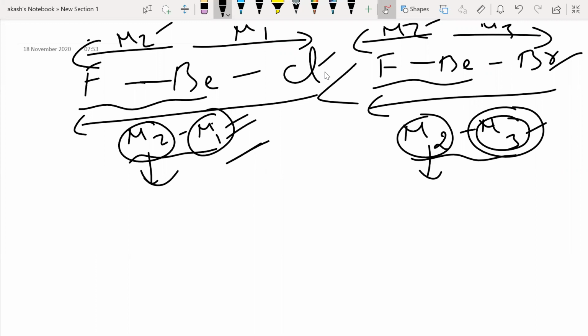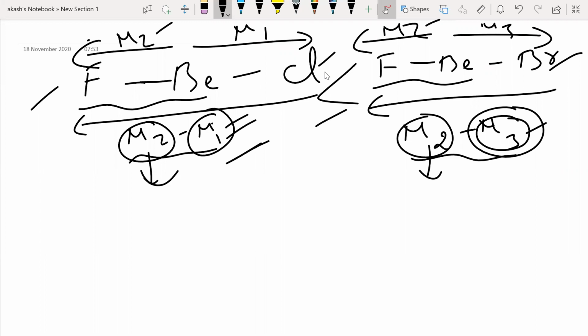Generally they will not ask you to compare dipole moments of different molecules, except for some very easy cases. If you go for complex structures, it will be very difficult. But what kind of questions they might ask is, which of the following molecules is polar, something like that.